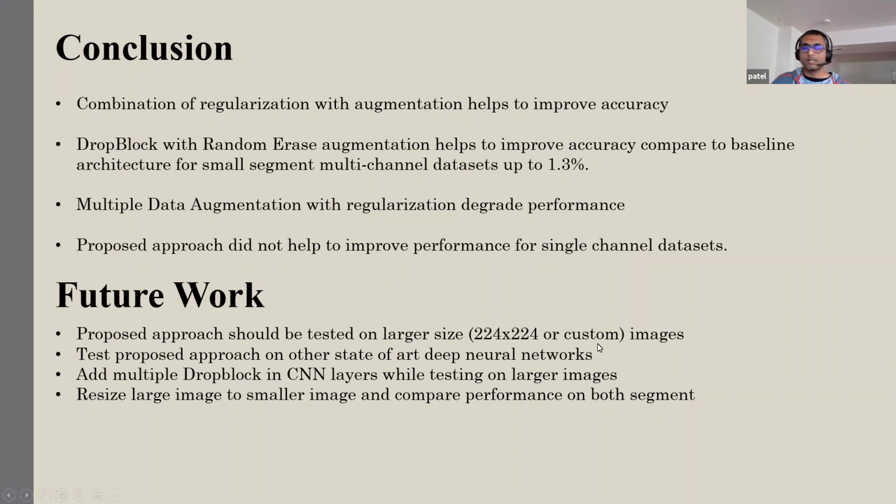As part of the future work, I tested this approach on small images, but the same thing can be tested on higher resolution images as well, 224 by 224, or custom images.